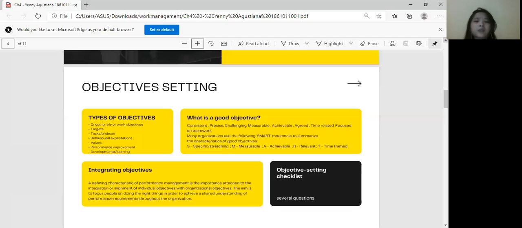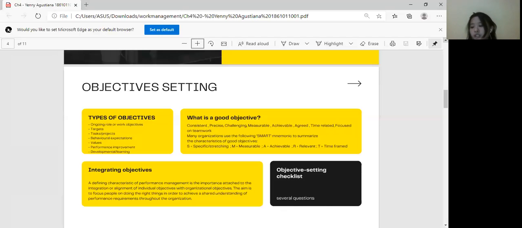Talking about what a good objective is: first, you need it to be consistent, meaning that the values of the organization and the department are matched with the organizational objective. The second is precise: clear and well defined, using positive words.